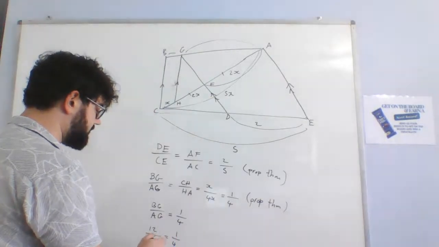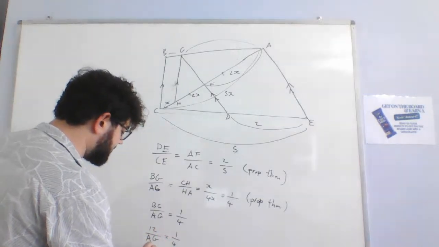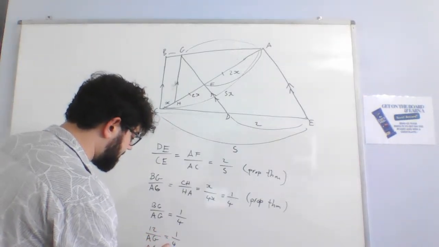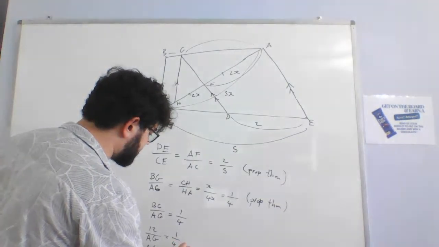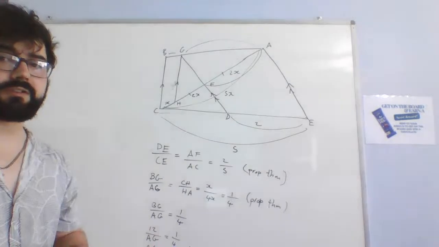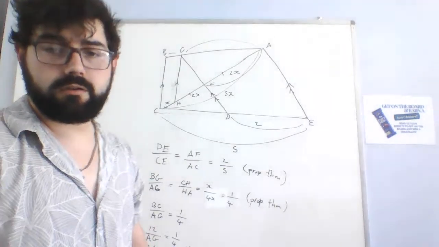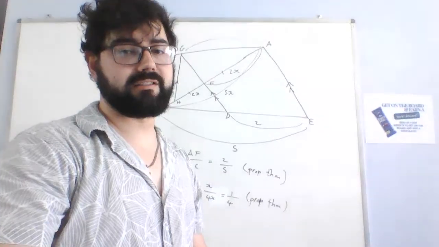And then cross multiplying there, we have AG equals 48. And it is 48 units. So you should check if it's centimeters or meters or units. It's 48 units.